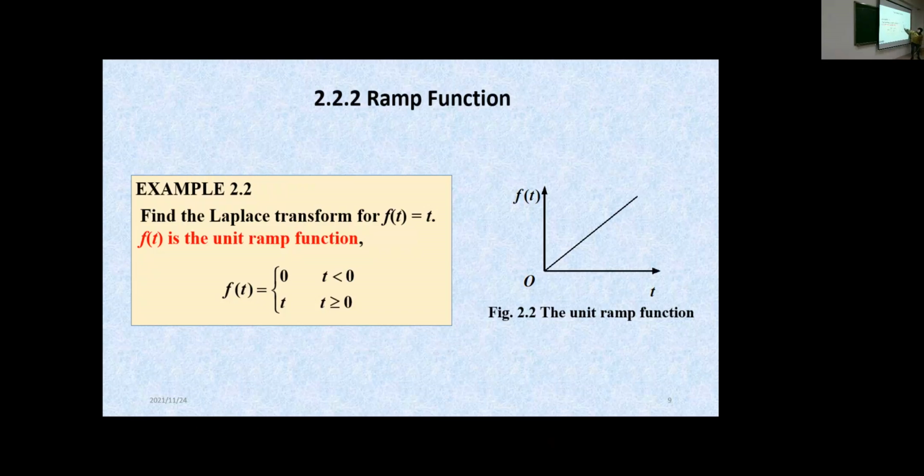As long as the angle changes, then we can no longer call it unit, because the final value of t is not t. So how to get the Laplace transform of this function?